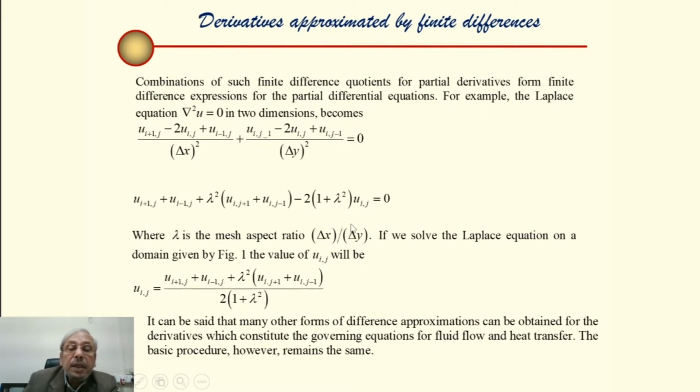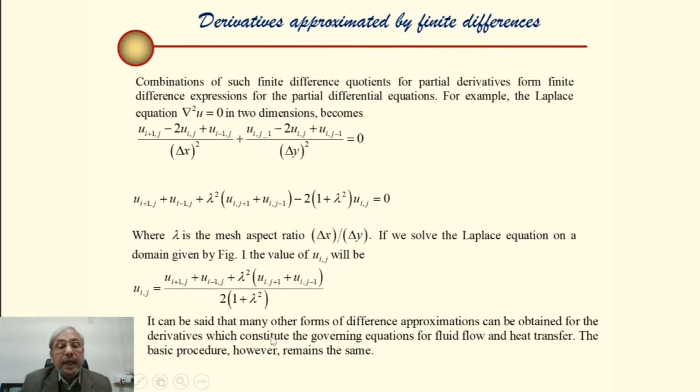And if lambda x equals lambda y, then it is simply u_i+1,j plus u_i-1,j plus u_i,j+1 plus u_i,j-1, divided by 4.